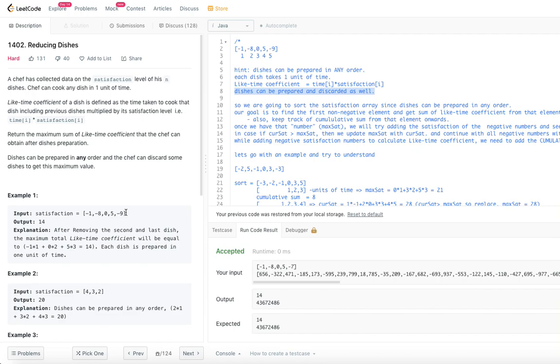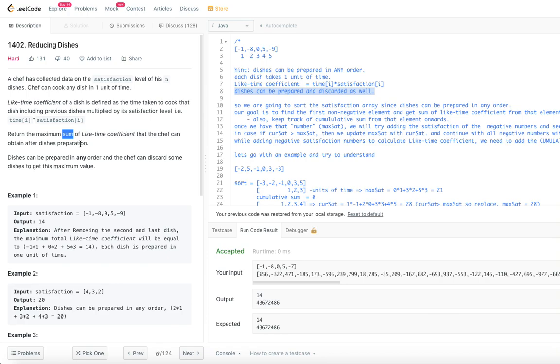From that element onwards, from left to right, once you find the non-negative element, go to the right and keep calculating the lifetime coefficient with this formula. The formula is time of I into satisfaction of I, and since we care about the sum, right? So keep the cumulative sum.